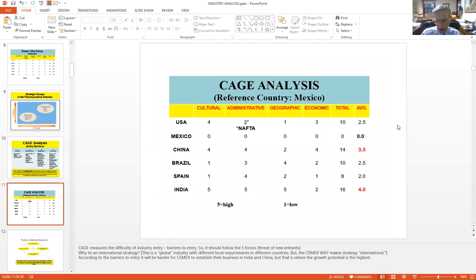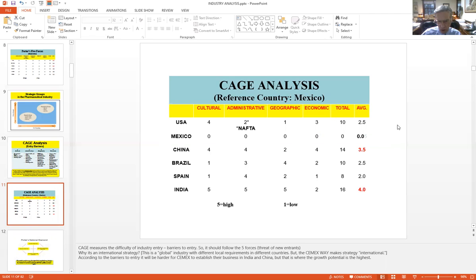And so here's a way of expressing the CAGE analysis and barriers to entry between countries. In this case, we need a reference country that we're basing the comparison, or the so-called distance, on. This exhibit was from the case on Cemex, the Mexican cement company.